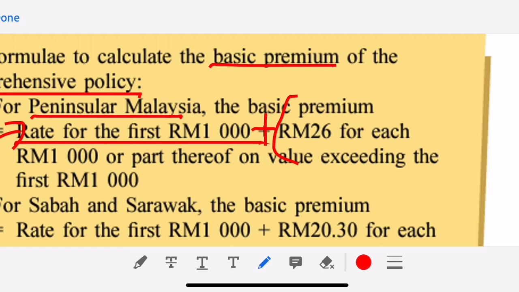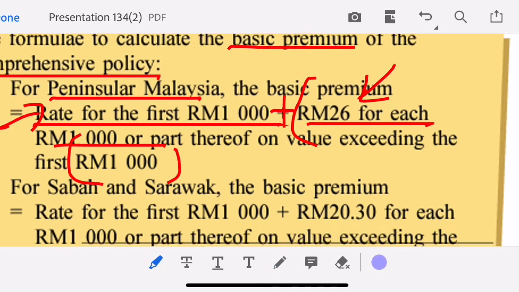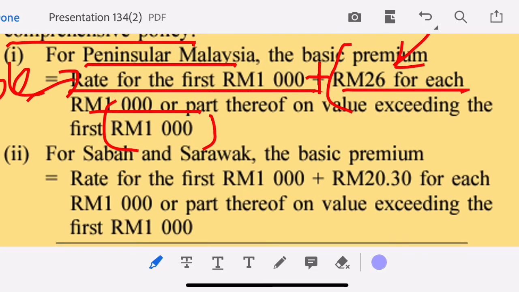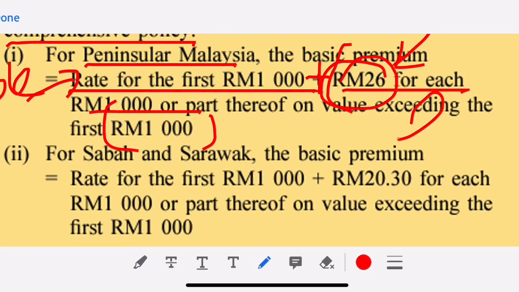Let's say you have 100,000, so after minus 1,000 you get 99,000. Based on that balance, you calculate per 1,000. For every 1,000 you have to pay 26 ringgit. So if you have 99,000, you take 99,000 per 1,000 times 26, for the amount exceeding 1,000. So for Peninsular Malaysia it is 26.